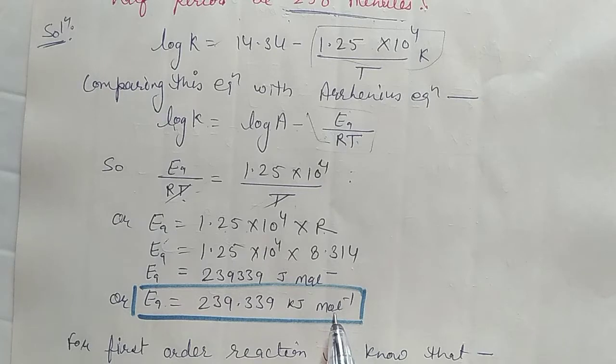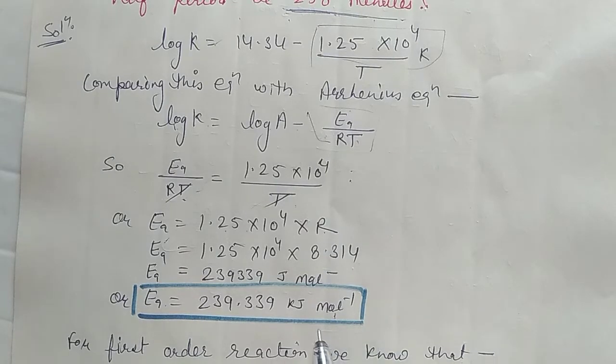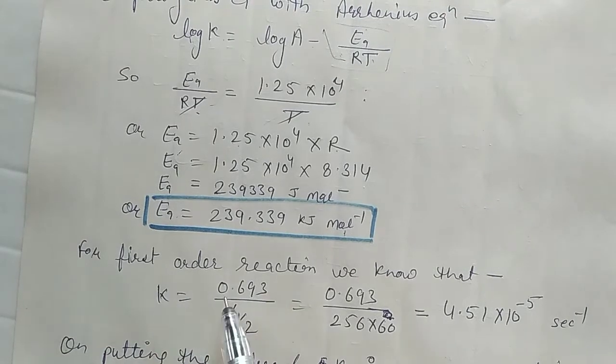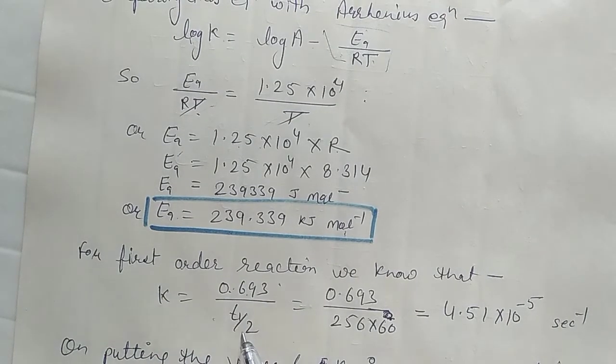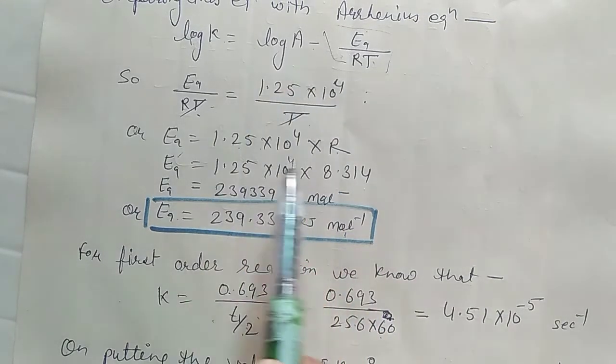Now we have to calculate the temperature at which t half is 256 minutes. For this we have to calculate k. For a first order reaction, k is equal to 0.693 upon t half. t half is given as 256 minutes. We have to convert into seconds because these all are in seconds.